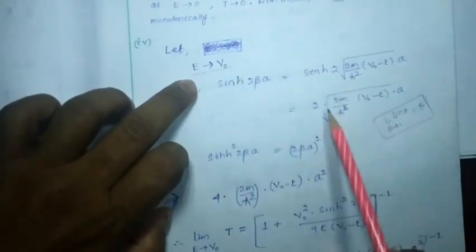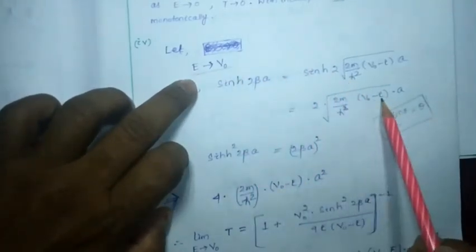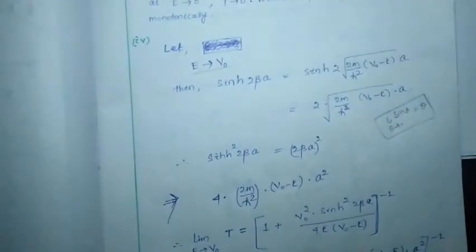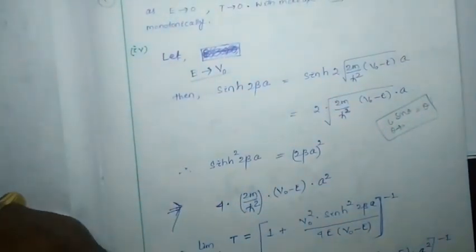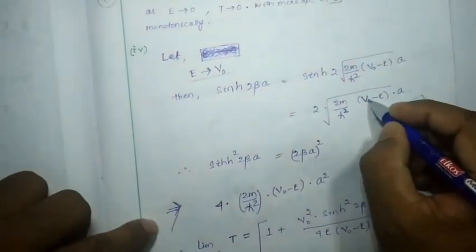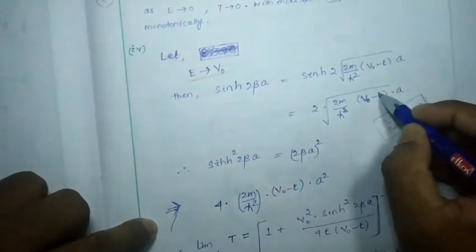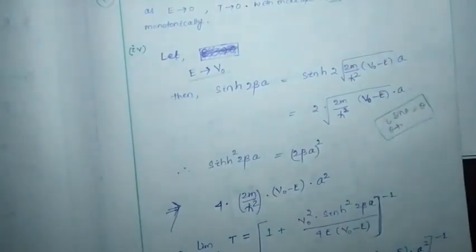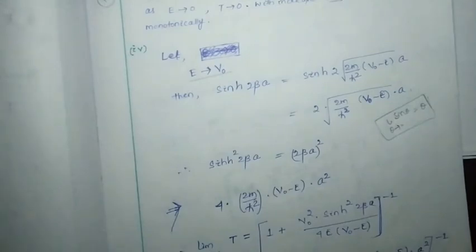That will be 2 times root over 2m by ħ² (V0 minus E) into a.